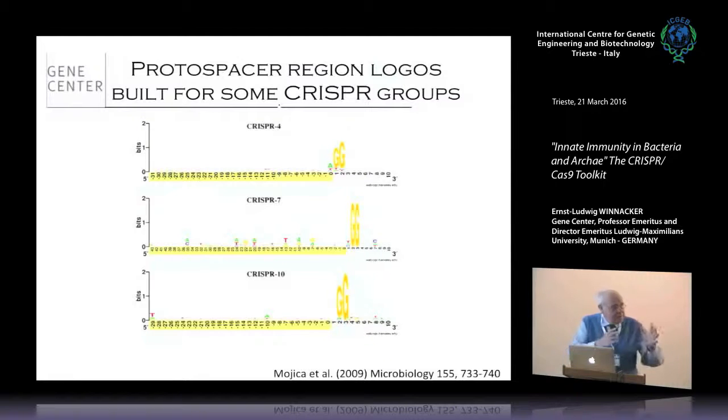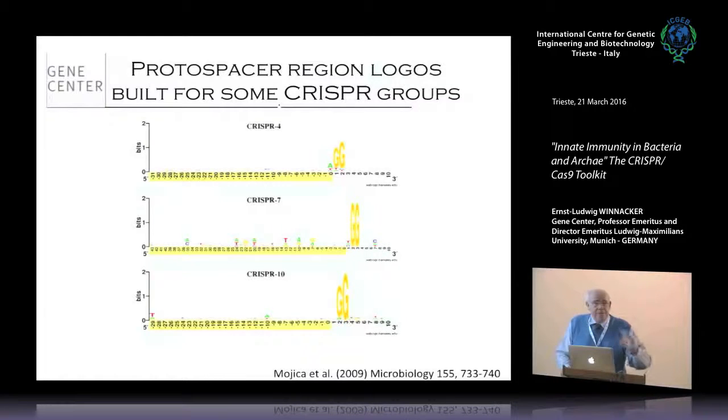Protospacer is that region which is adopted from the incoming phage, this 35 or so nucleotides, 32. And adjacent is always a sequence which is kind of NGG, AGG here, and you see the logos here, they are not always fully conserved, but they are of this general structure, 3 nucleotides.